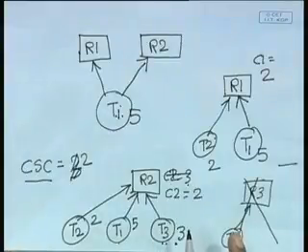Is that okay, or do I need to explain with another example? Does anybody think it is slightly more complex, so that we need one more example? Yes? Okay, let me take another example.